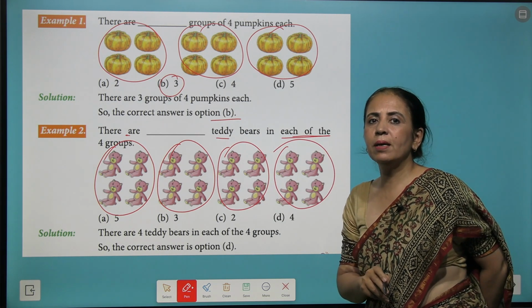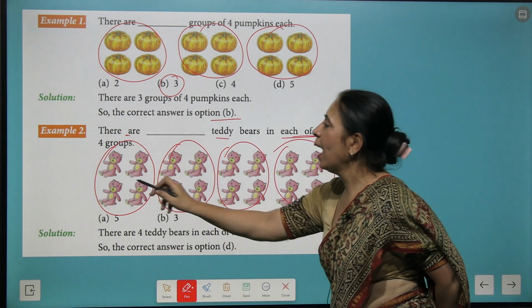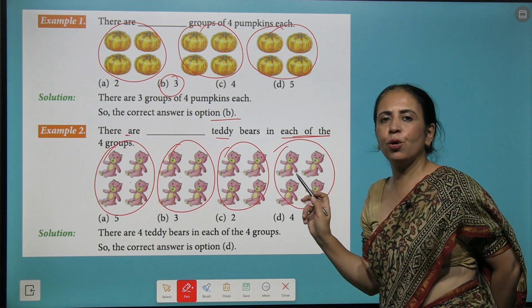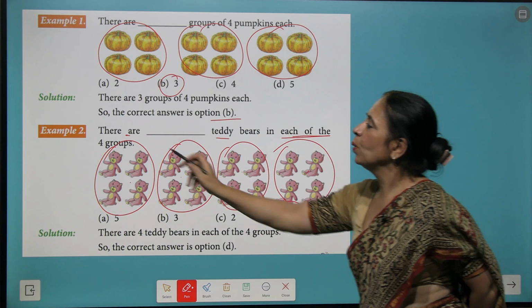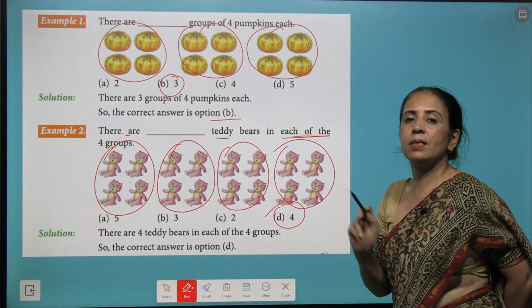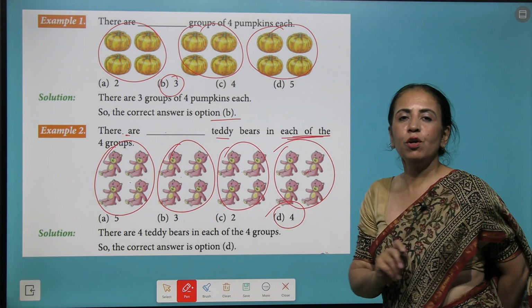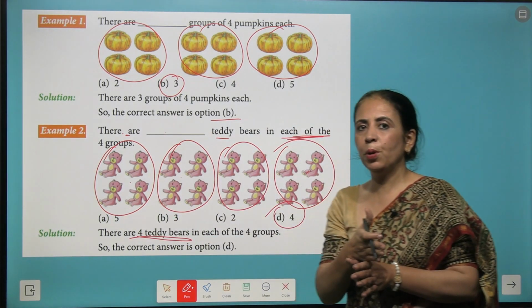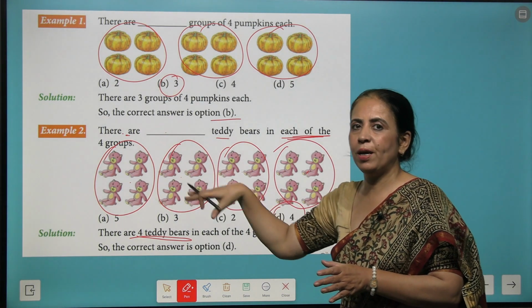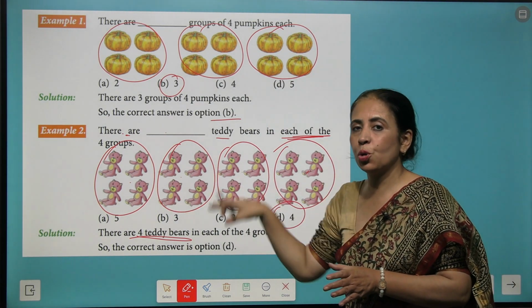The total teddy bears were 16, and when you made 4 groups, each group has 4 teddy bears. So we are doing equal distribution of 4 teddy bears in each group, right?